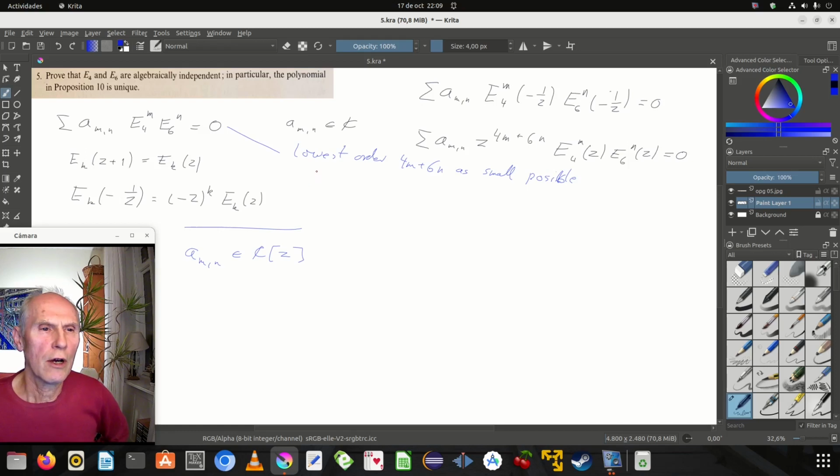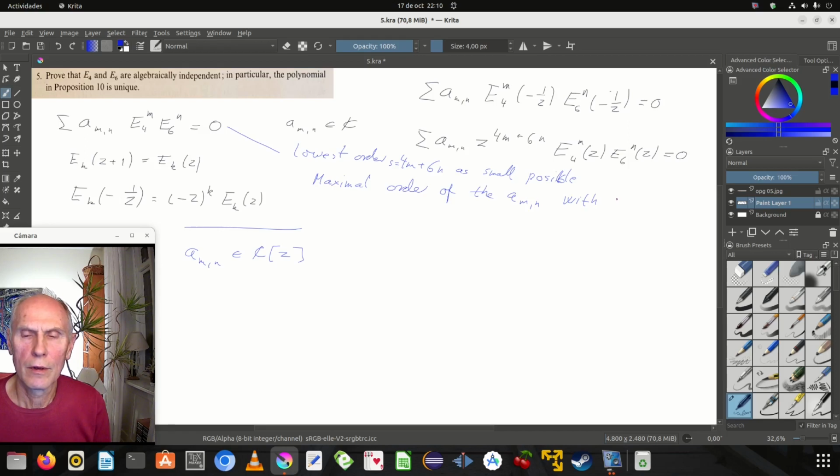And next we choose the maximal order, let's call this S, to be as small as possible.